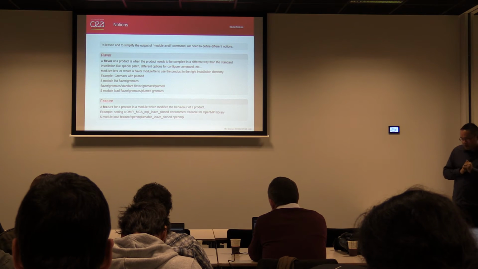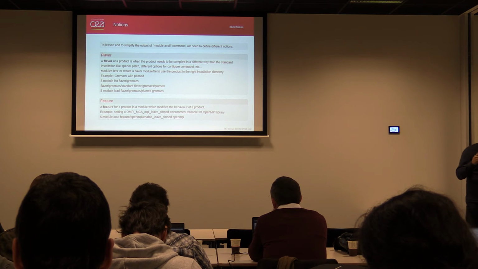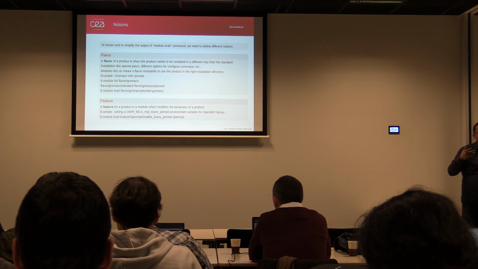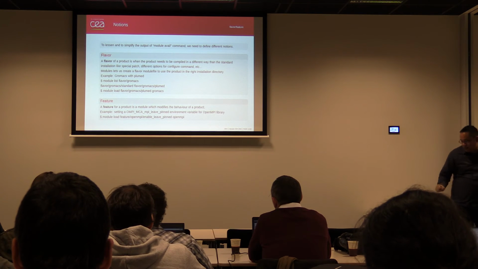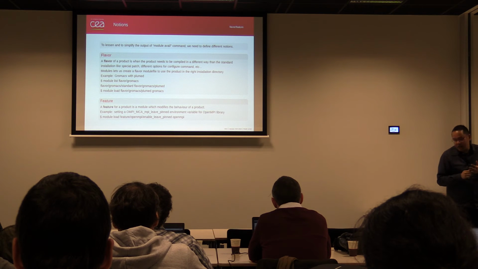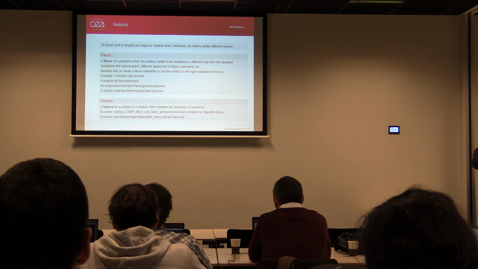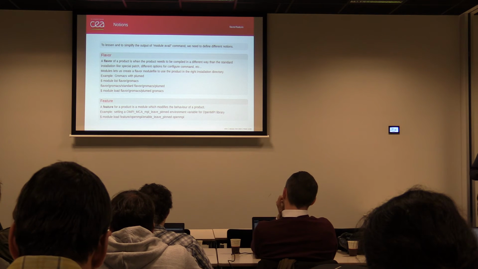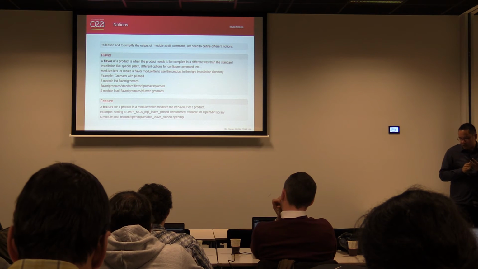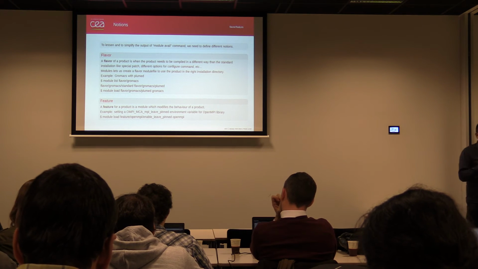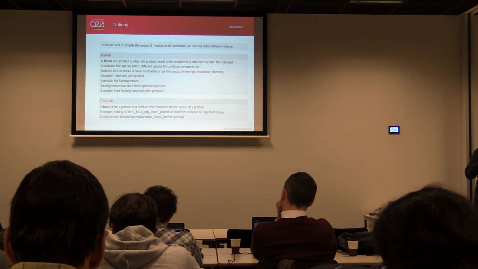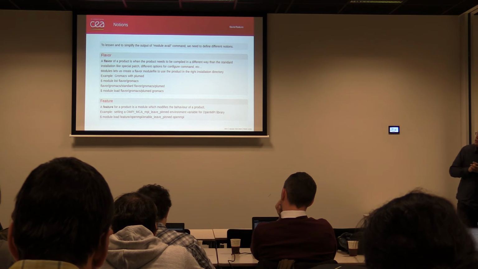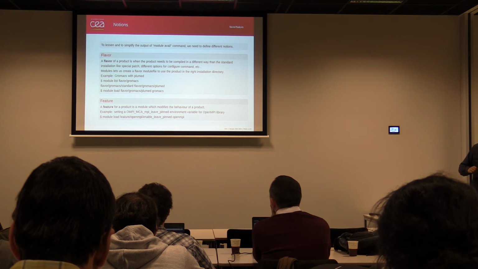The notion of flavor is when, for the same version of a product, you have to compile in a different way. I put an example like GROMACS. You have GROMACS and GROMACS with PLUMED, the plugin. When we have to recompile GROMACS with this plugin, to reduce the number of modules of GROMACS, we think of a system of flavor.